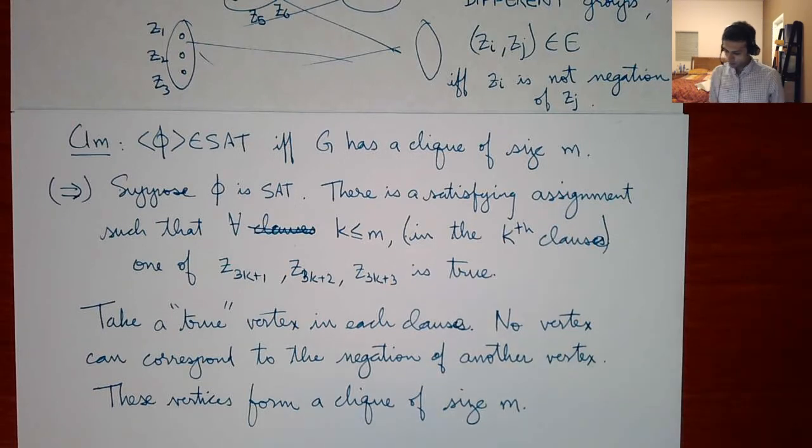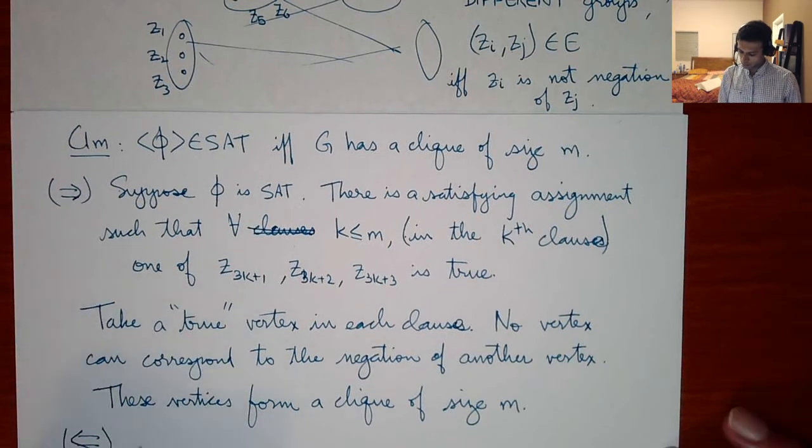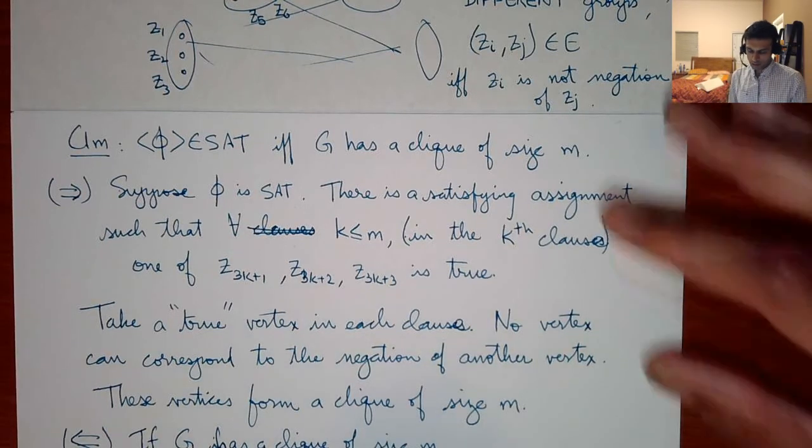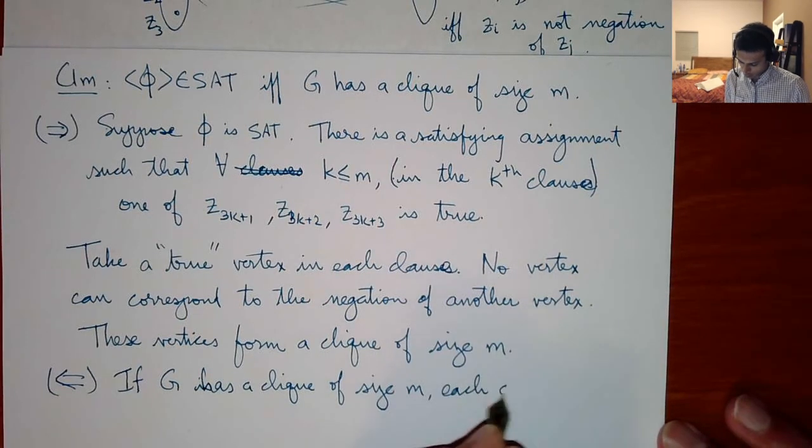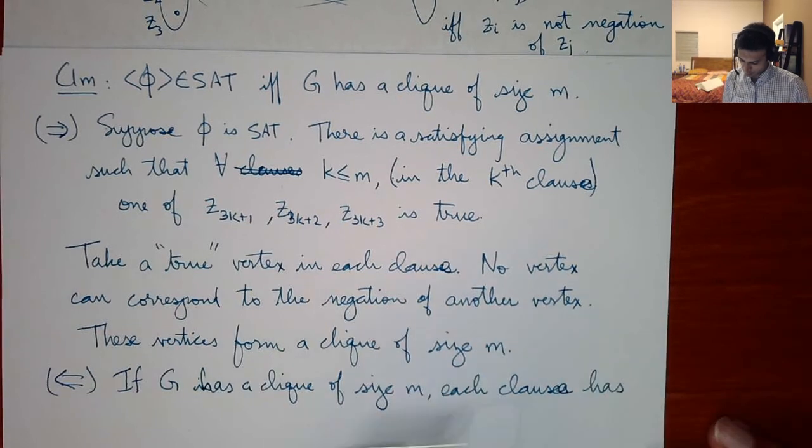Okay, and you'll see that the opposite side is almost an identical argument. If G has a clique of size m, by construction, each clause has a vertex in the clique.